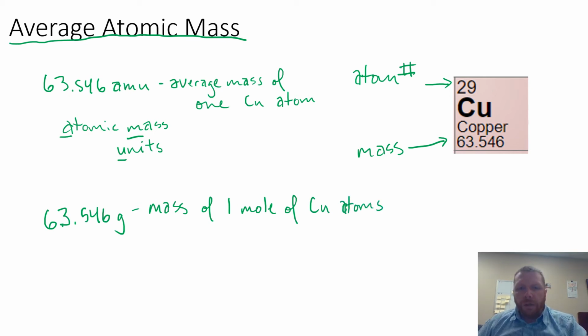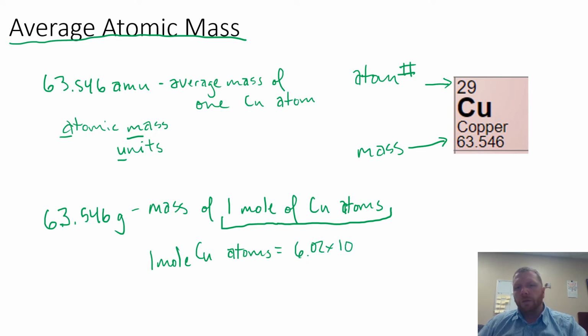Now there's a little bit to unpack there. 1 mole of Cu atoms, what does that mean? Well, that means 1 mole of Cu atoms is 6.02 times 10 to the 23rd Cu atoms. So that's a ton of atoms.